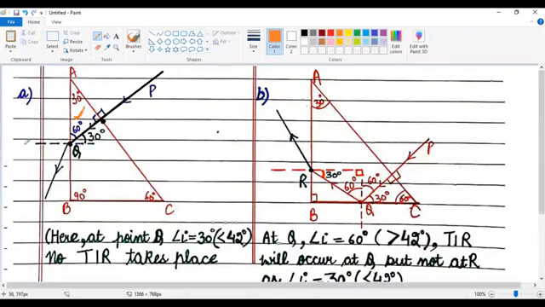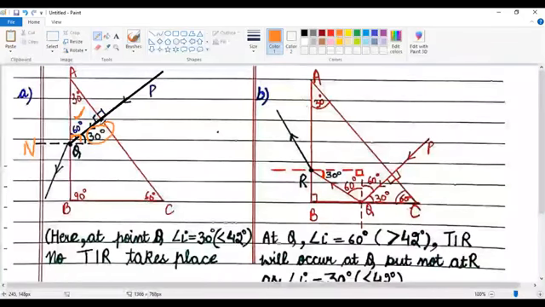Now let us draw a normal at point Q such that the total angle of normal with the surface of prism is 90 degree. If some part of 90 is already 60 degree, then the remaining part will be having an angle of 30 degree.